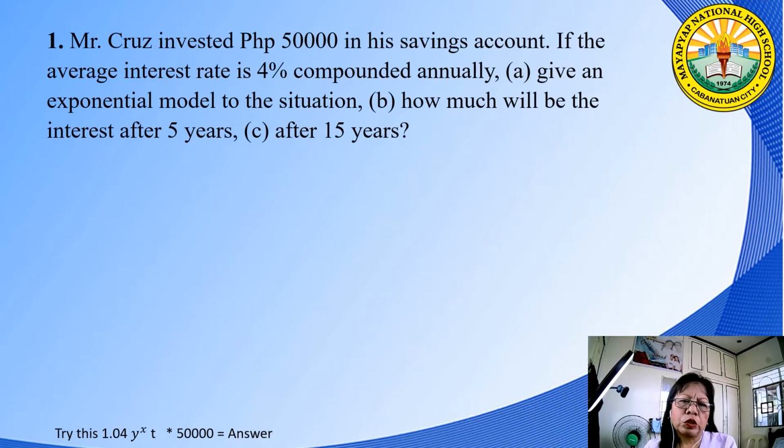Mr. Cruz invested 50,000 pesos in his savings account. If the average interest rate is 4% compounded annually, A. Give an exponential model to the situation. B. How much will be the interest after 5 years? And C. After 15 years.